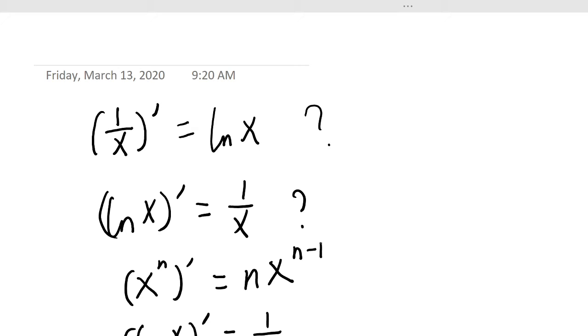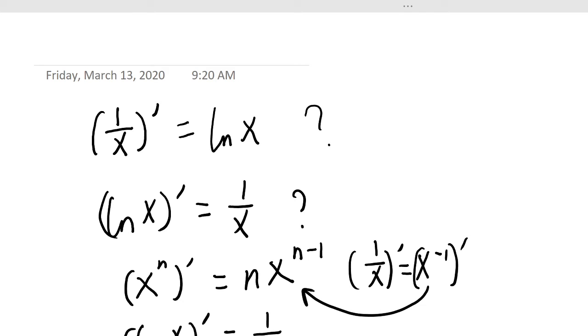So when we take the derivative of 1 over x, we have to rewrite this as x to the -1, then apply our formula right here.